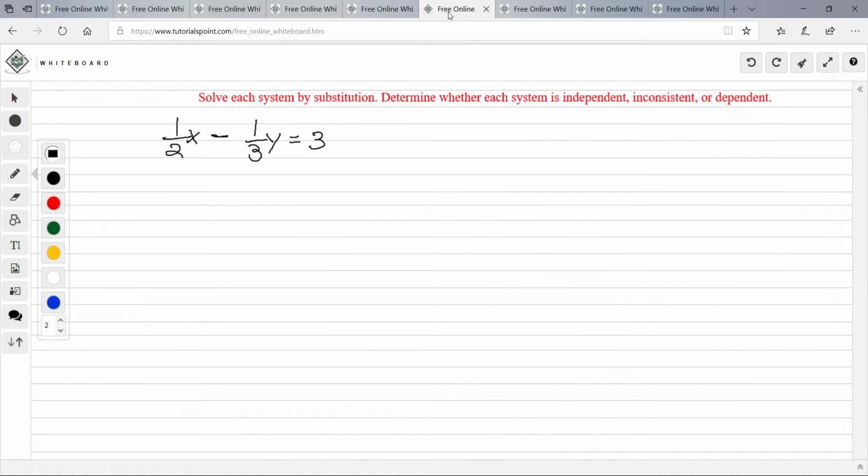So we're doing this one. Solve each system by substitution. Determine whether the system is independent, inconsistent, or dependent. This problem is not finished yet. So it's 1/2 x minus 1/3 y equals 12.